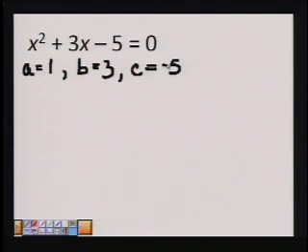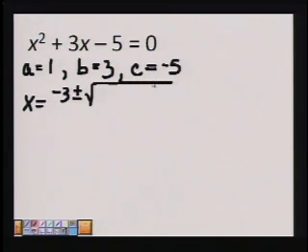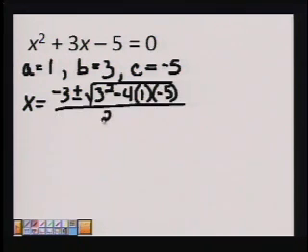Now we plug these values for a, b, and c into the quadratic formula. So we have x equals the opposite of 3 plus or minus the square root of 3 squared minus 4 times 1 times negative 5, all of that divided by 2 times 1.